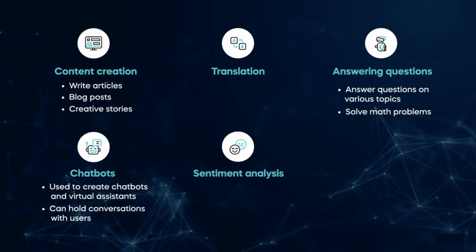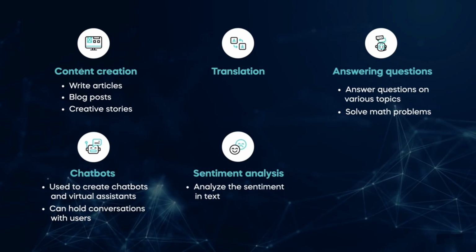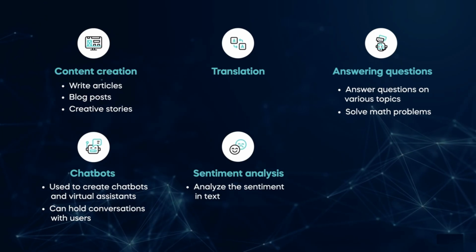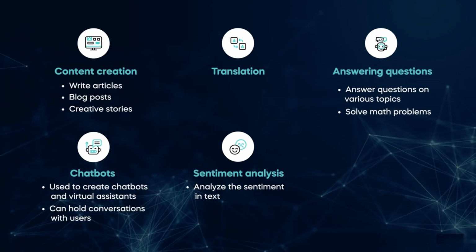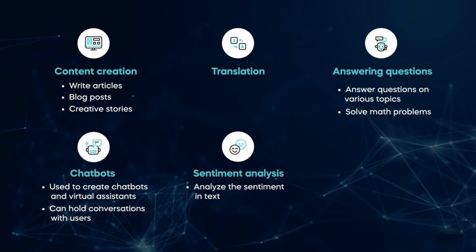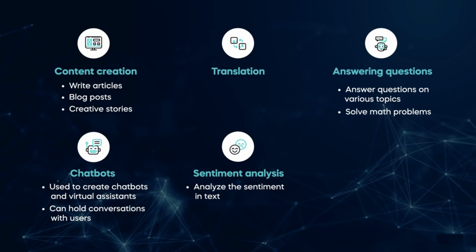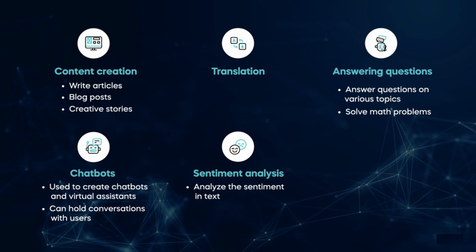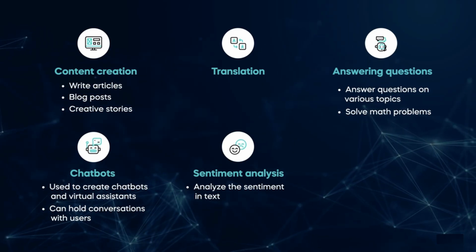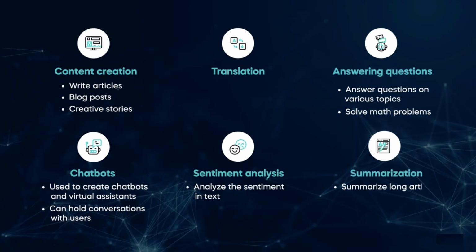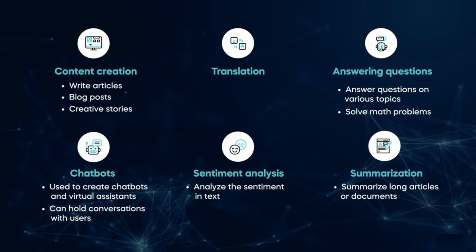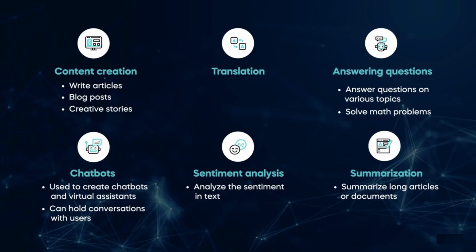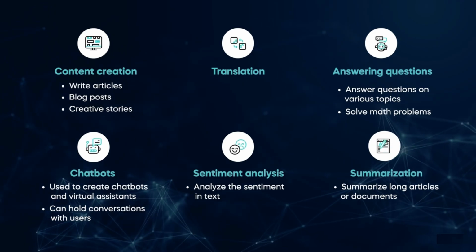LLMs can even analyze text. So, for example, they can pull out the sentiment of a text, determining whether a piece of writing is positive, negative, or neutral in tone. This is a useful skill for businesses to gauge customer feedback or for tracking public sentiment on social media. Furthermore, large language models can take long articles or documents and generate concise summaries, making it easier to understand the main points without having to read the entire text.